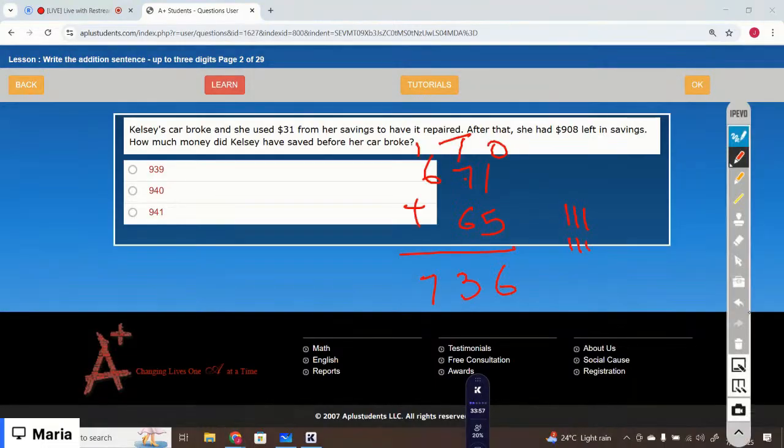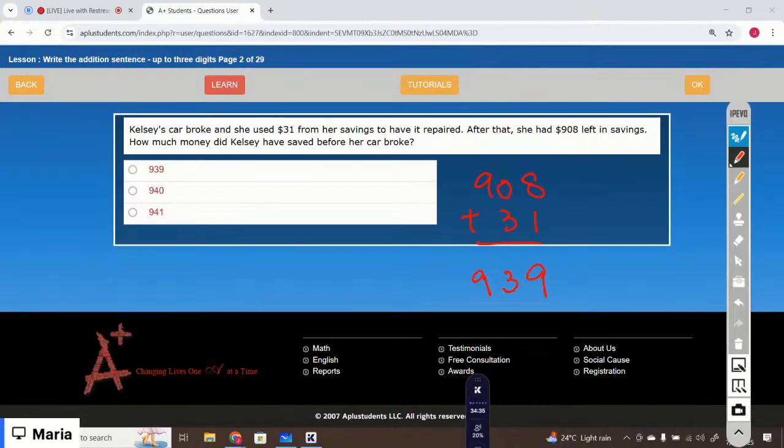So you need to add 908 plus 31. 8 plus 1 is 9, 0 plus 3 is 3, and 9 stays.